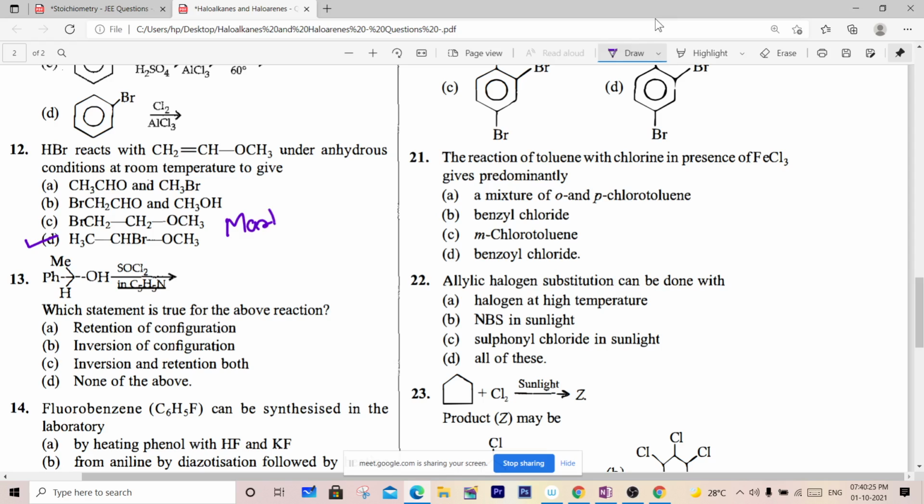So Markovnikov rule. The positive part of the addendum goes to the carbon atom which has more number of hydrogen, and the negative to the one which has less number of hydrogen. 13th question.